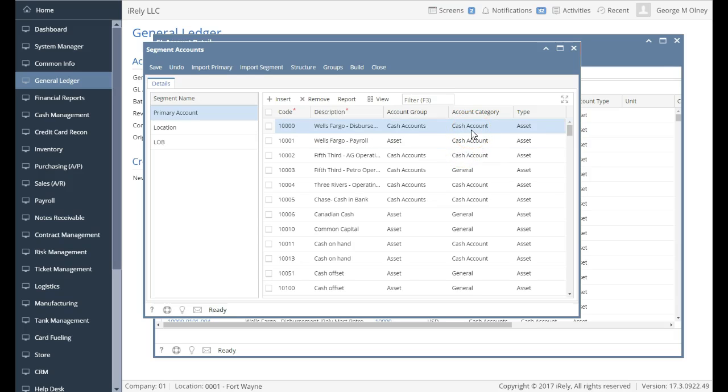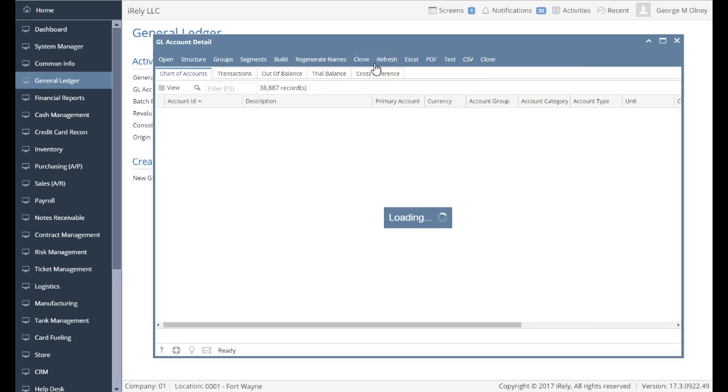What this means is, to protect against fraud and to ensure the integrity of your data, specific accounts can only be used in specific circumstances, such as cash accounts can only be adjusted through accounts payable, accounts receivable, or through cash management. Other solutions allow you to do transactions directly in the general ledger, throwing your books out of balance and creating nightmares from an accounting perspective, from a balance perspective.